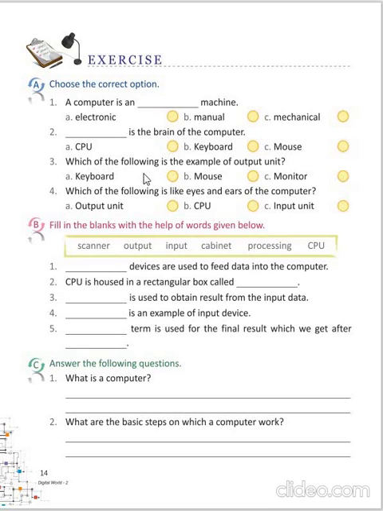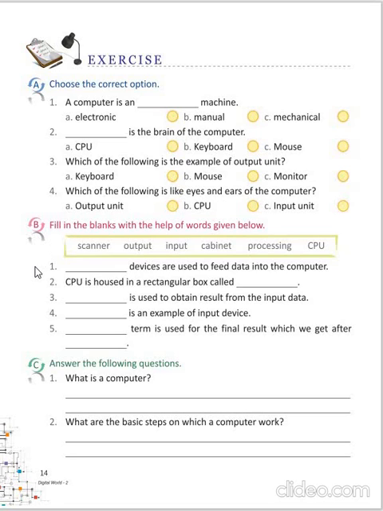Which of the following is the example of output unit? It is monitor. Which of the following is like eyes and ears of the computer? It is input unit.